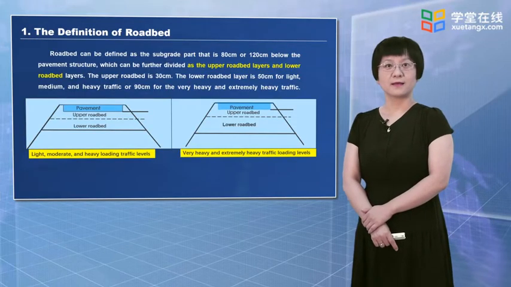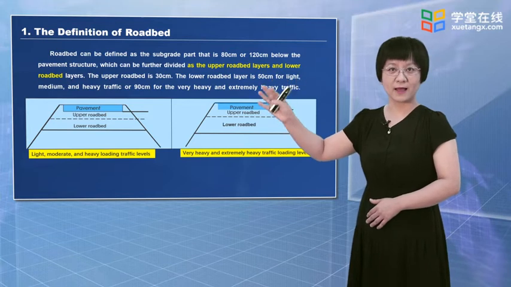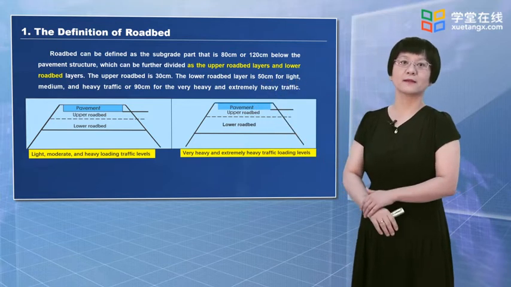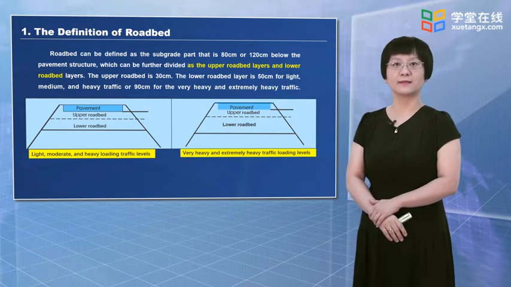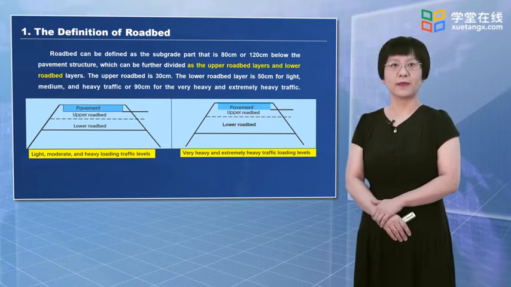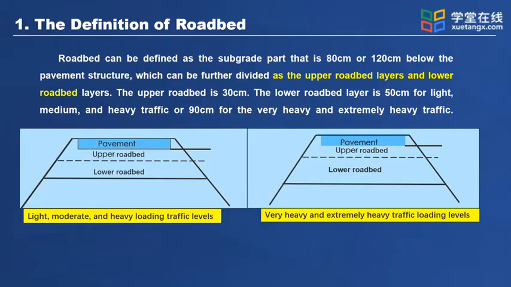First, let's look at the definition of roadbed. Roadbed can be defined as the subgrade part that is 80 cm or 120 cm below the pavement structure. While the depth of the roadbed is different, traffic levels affect the depth.